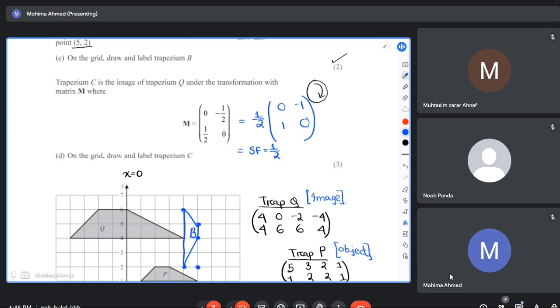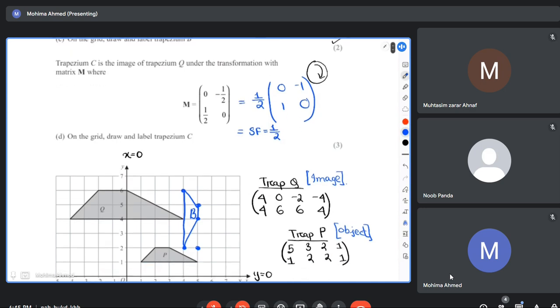So half is the scale factor, and this 0, minus 1, 1, 0 is 90-degree anti-clockwise. Even this was not needed, but as we are explaining everything in much detail, I'm going to explain a few extra things over here.